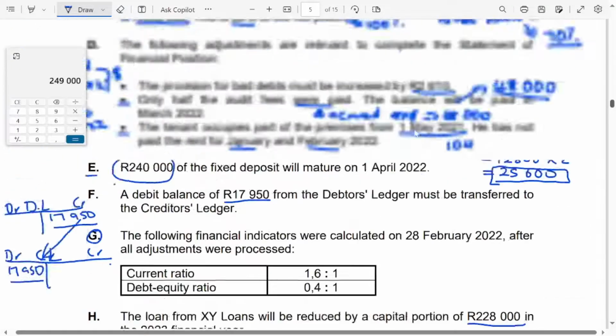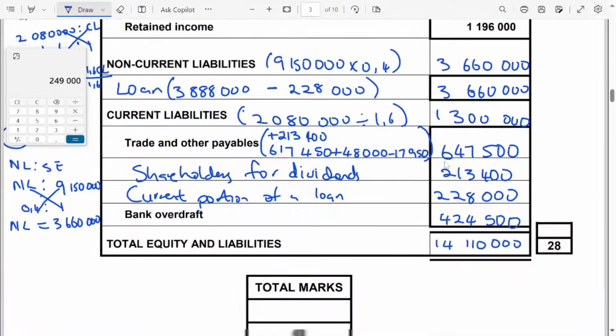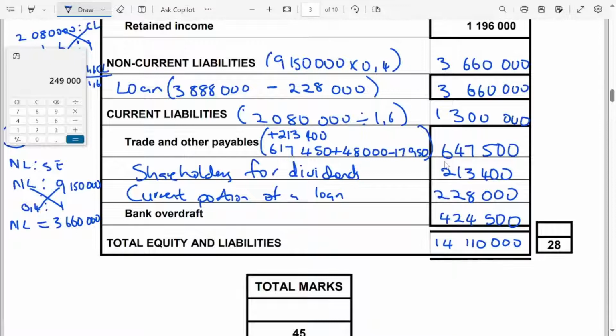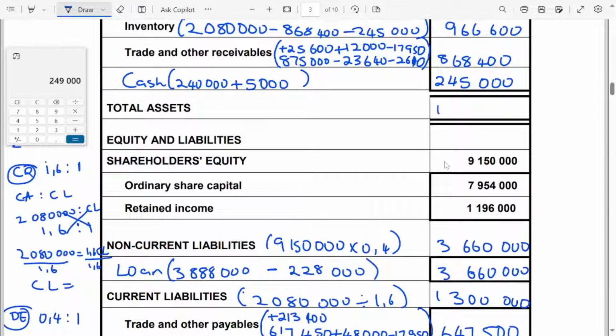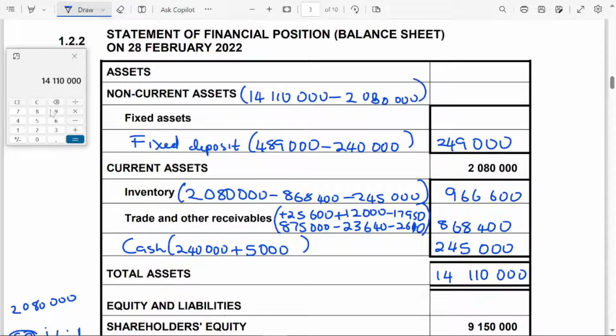Right? But we know that total equity and liabilities must be equal to total asset. So 14,110,000. What this means is that the fixed asset here is the balancing figure. So now to find the non-current asset, we're just going to say 14,110,000 minus the current asset of 2,080,000.